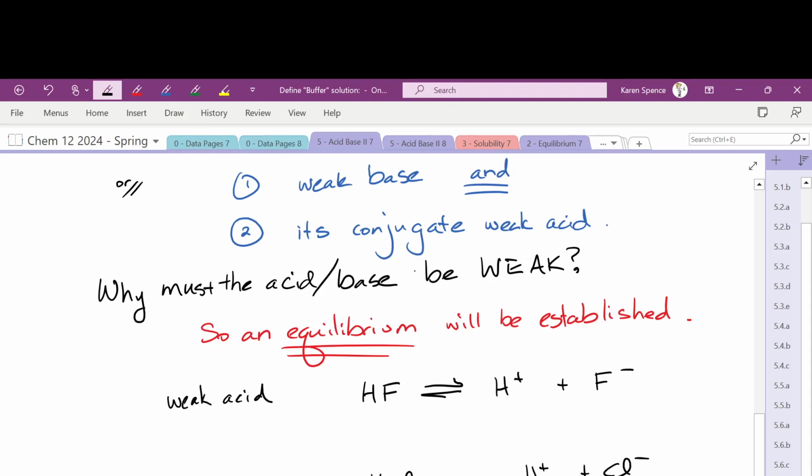It needs to be able to shift both directions, in order to either use up H plus or produce H plus.